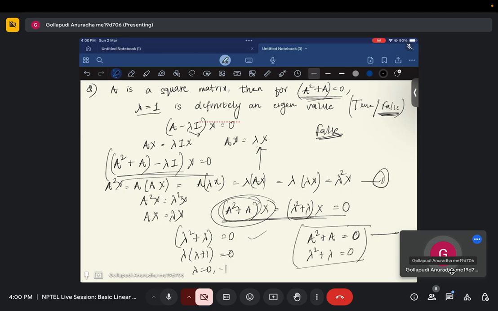This example says that whatever polynomial you are getting here, the same thing holds for the eigenvalues also. So that's one important point to note here. Cayley-Hamilton theorem it is, I suppose. Yeah. So this is important here.